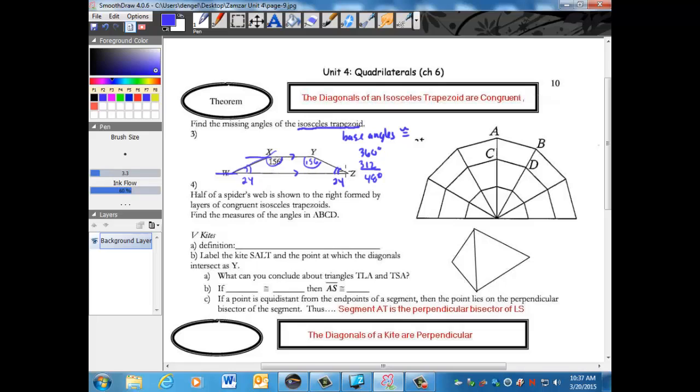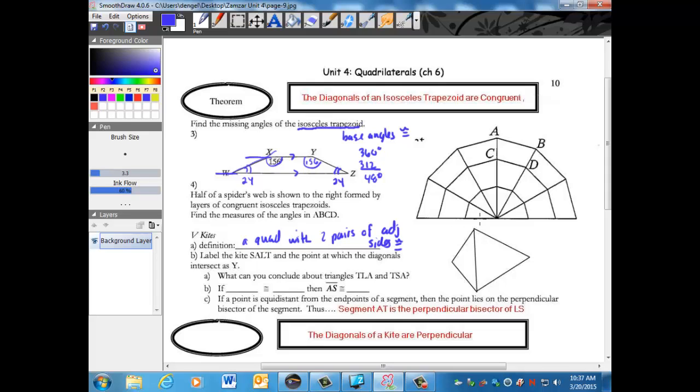We're going to skip the problem that involves the spider web, but we are going to look at the kite next. So for the kite, let's write down what we have. We have a quadrilateral with two pairs of adjacent sides that are each congruent.